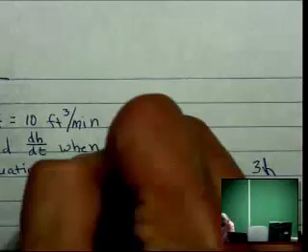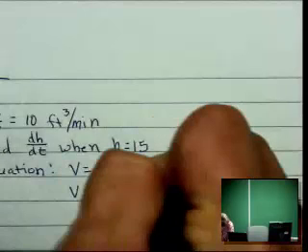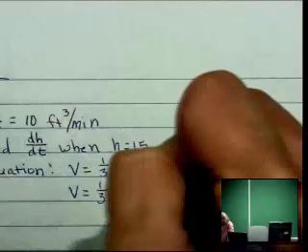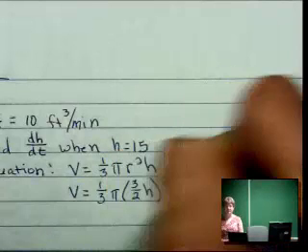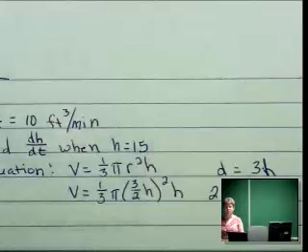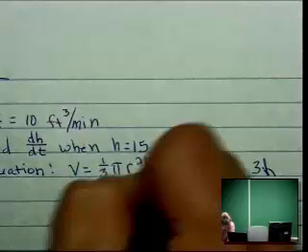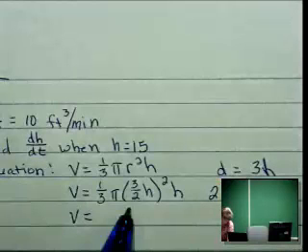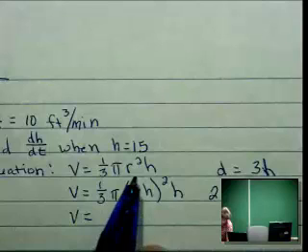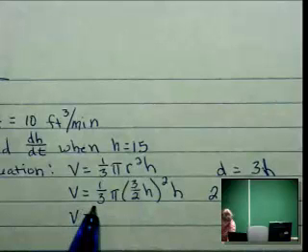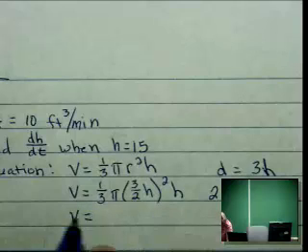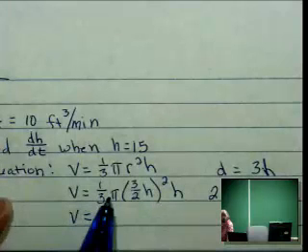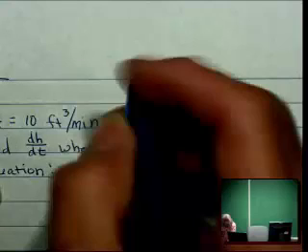R is 3 halves h, squared, times the other h. That's 9/4 times 1/3, which is 3/4, and h squared times h is h cubed.